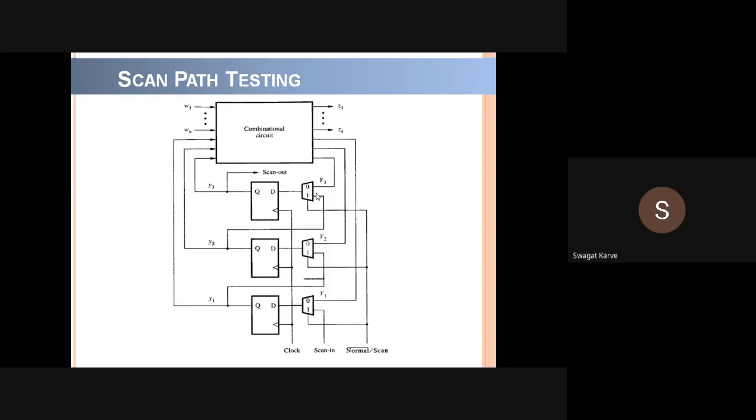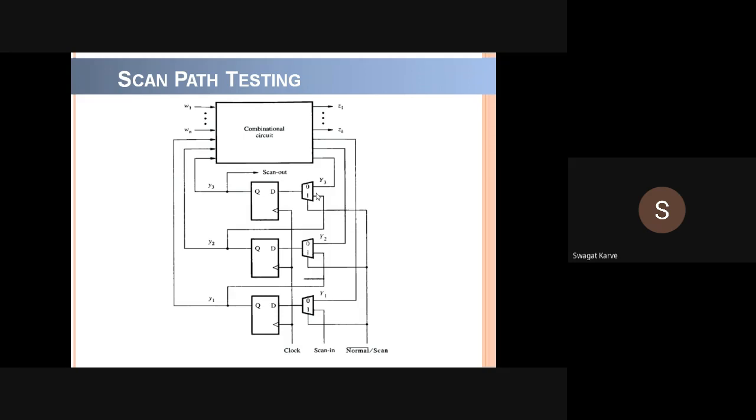Now we have to look at where this data is coming from. Basically, this scan path testing circuit is attached to a combinational logic. You can apply it to a sequential logic also, no problem. Whatever data we are testing after scan out is coming from the combinational circuit.